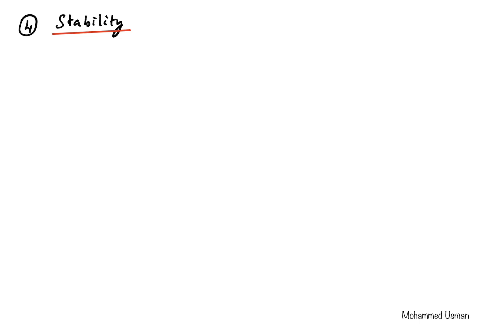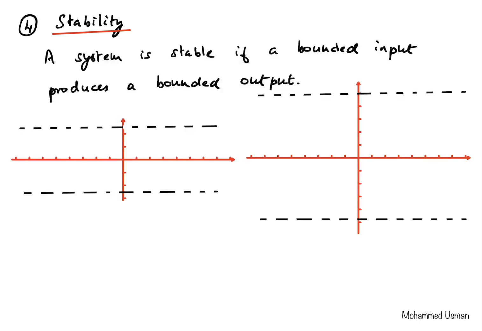So let's write the definition formally. What this means is that when a system has an input which is bounded in its magnitude, then the output will also be bounded by a certain magnitude, not necessarily the same magnitude as the input, but by some other limit.